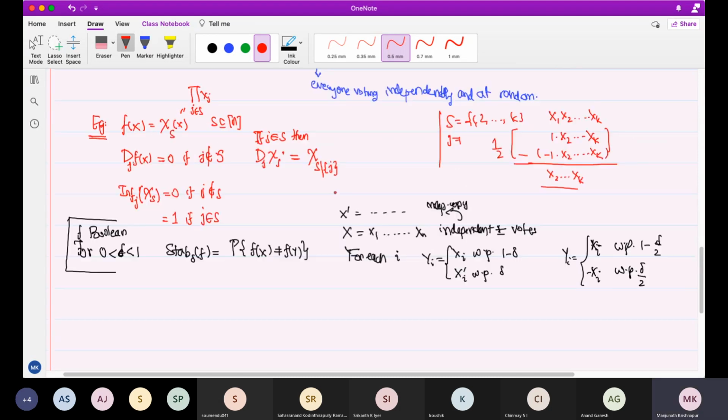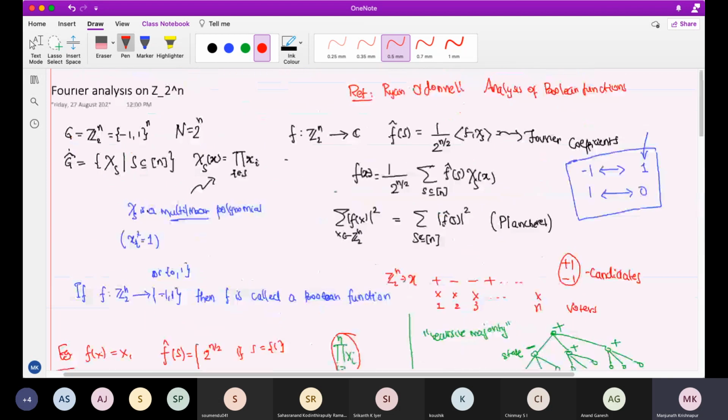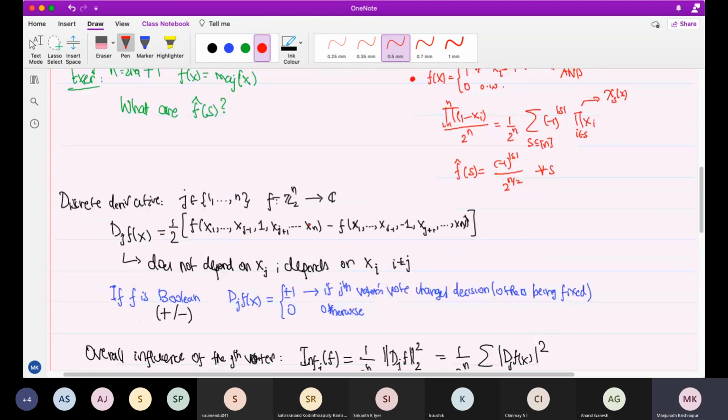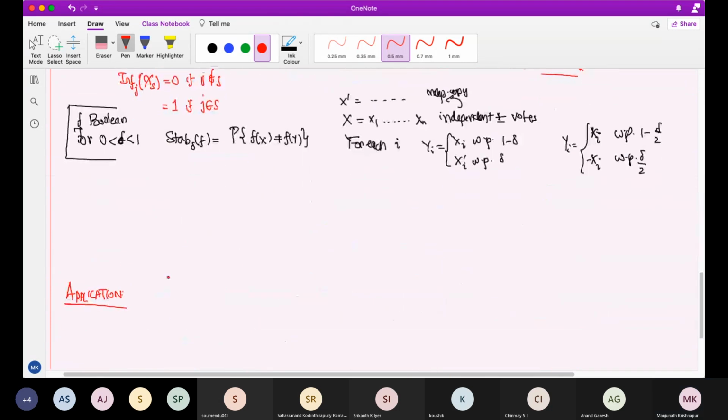See, here when you are deciding between two candidates, there are two candidates. This is the way we are going to do it: each of them votes, and some Boolean function is used to arrive at the final decision, right?